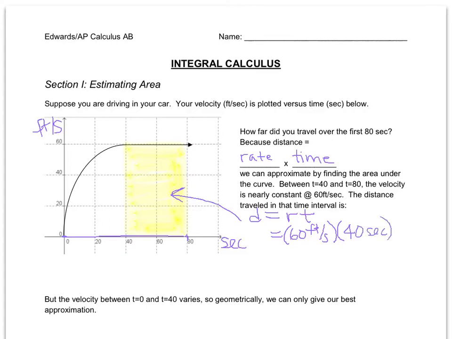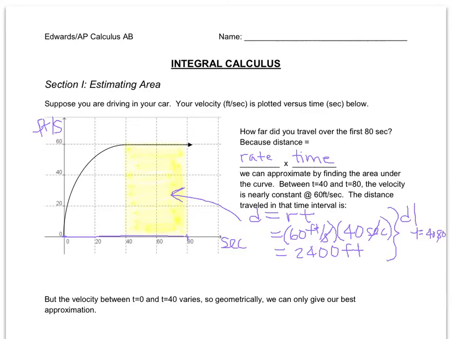So this is only for that highlighted region. If you multiply this out, seconds are going to cancel and you're going to be left with a unit of feet, and this is going to end up being 2,400 feet that you traveled just in the time from t equals 40 to 80.